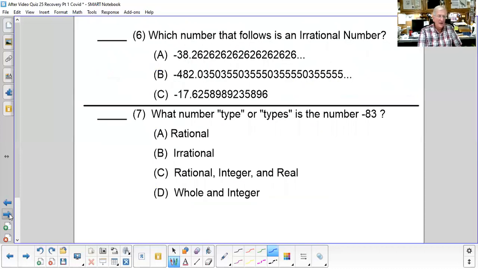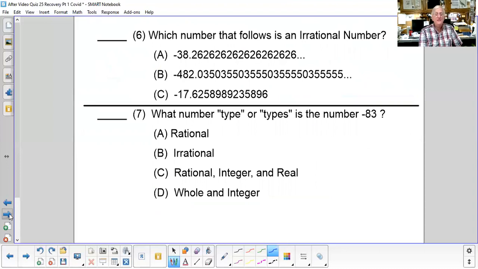Let's go on. Which number that follows is irrational? Well, if you look at A, 2, 6, 2, 6, 2, 6, 2, 6, that smells like repetition to me. So it looks like A is a rational number. Look at C. Doesn't it terminate?